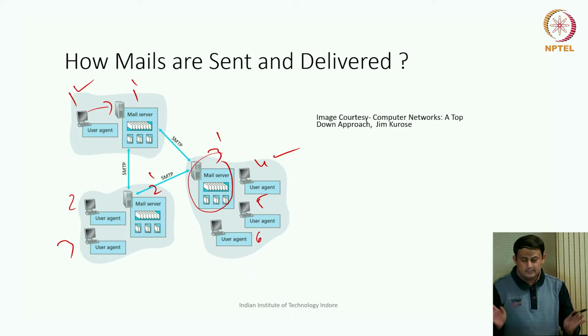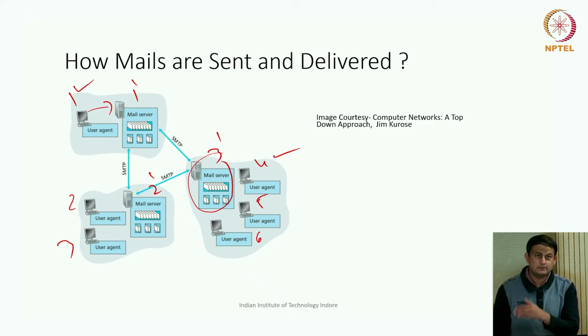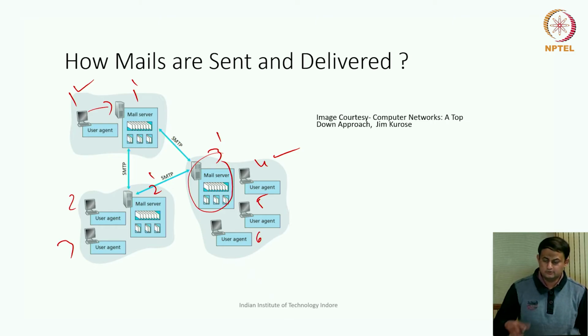That inbox is again the user agent. Since email is asynchronous communication, meaning the sender and the recipient need not be online at the same time, the message can be stored in the mail server in the transient period. If 3 prime is not available to take the message at this point of time, the message might get stored in 1 prime, and whenever 3 prime is able to receive it, 1 prime delivers the message.